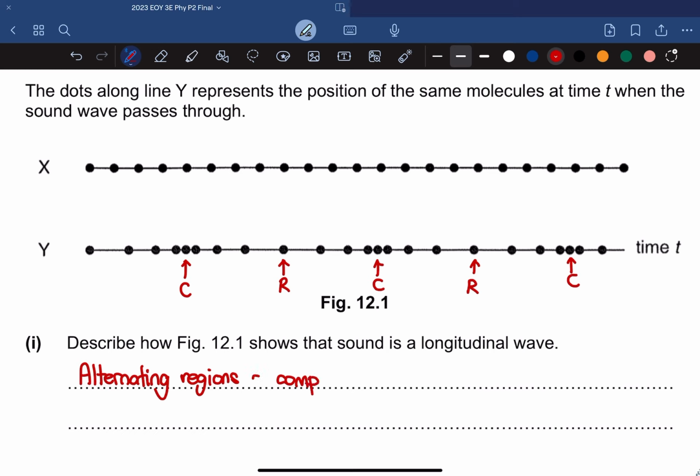It is important to have the keyword alternating, or a series of compressions and rarefactions, that can be seen along line Y, which tells us that this is a longitudinal wave. So this is for part 1.